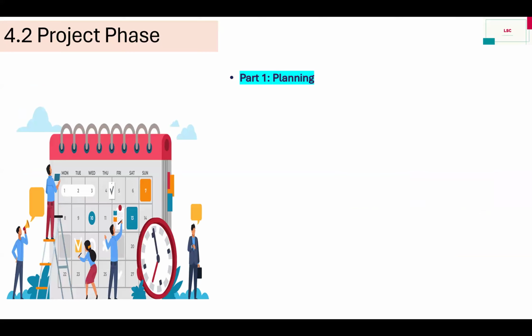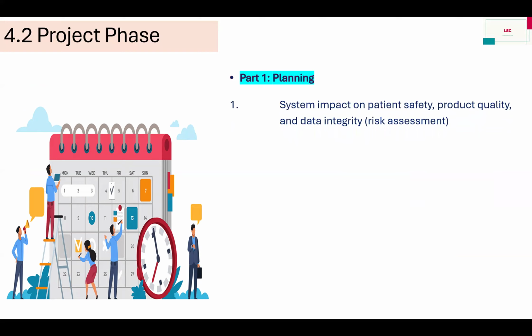As the name is planning, what do we have to see? First of all, we have to see how our system impacts patient safety, product quality, and data integrity. As we discussed, some risk assessment. The approach should be based upon product and process understanding and relevant requirements. Which requirements? Regulatory requirements, where appropriate, as appropriate.